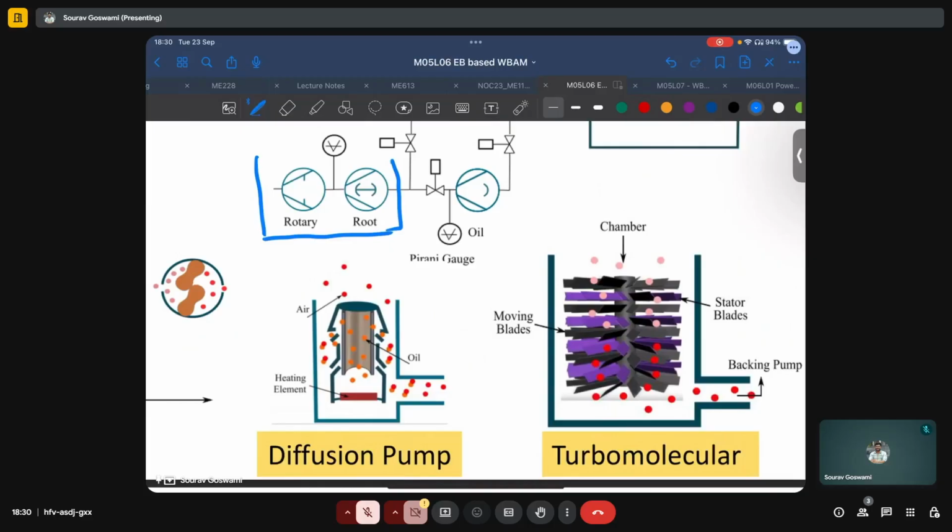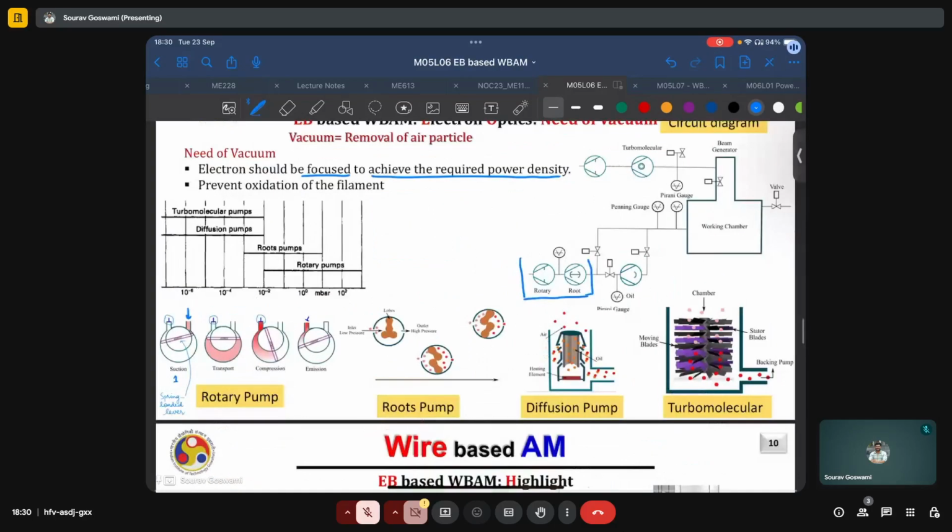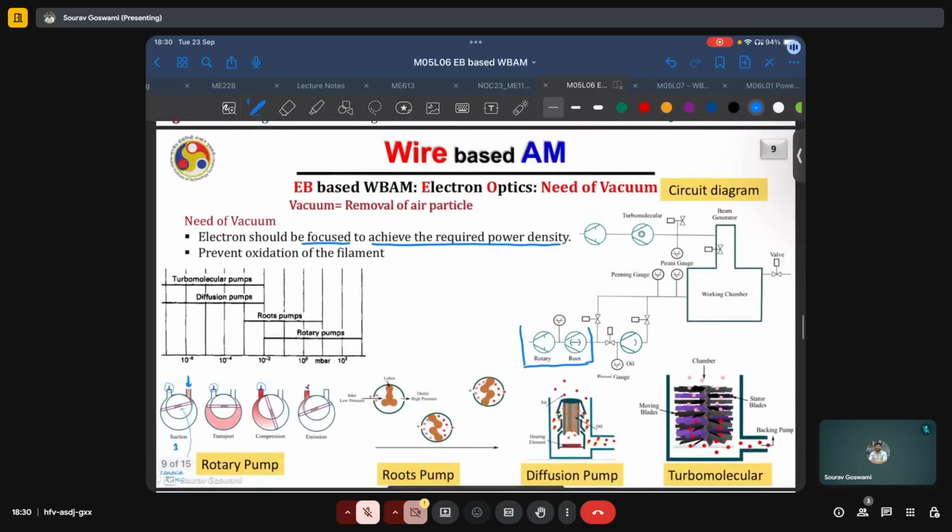Upon getting vaporized, the vapor of this oil settles or gets adsorbed onto the surface of air molecules, making them somewhat heavier, which allows them to be eliminated by the pump. A turbomolecular pump, on the other hand, uses stator blades and rotor blades to extract air out of the chamber. And a schematic of a typical electron beam gun with the various pumps is shown here on the right.